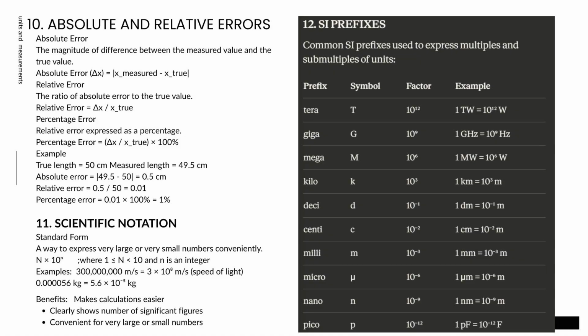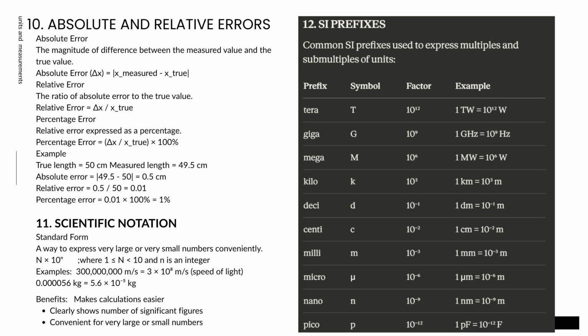That change in measurement is the absolute error, what you measured minus the actual true value, all over the true value. That's relative error. But percentage error is when you express the relative error in percentage. That's what you measured minus the actual correct measurement, all over the actual correct measurement, times 100.